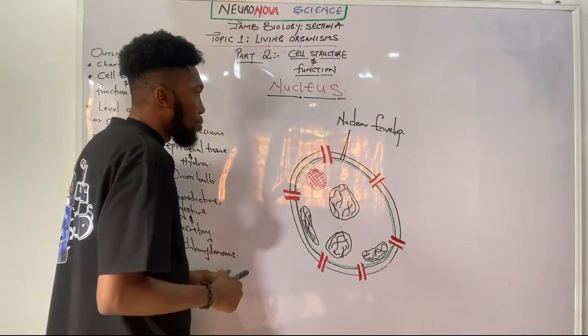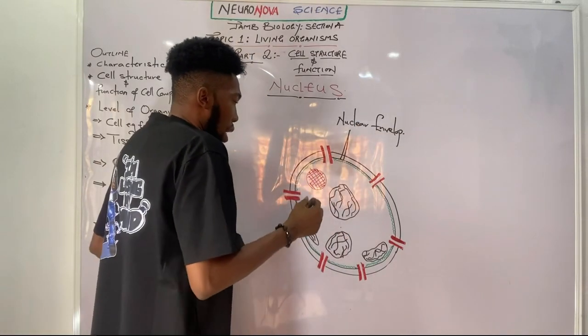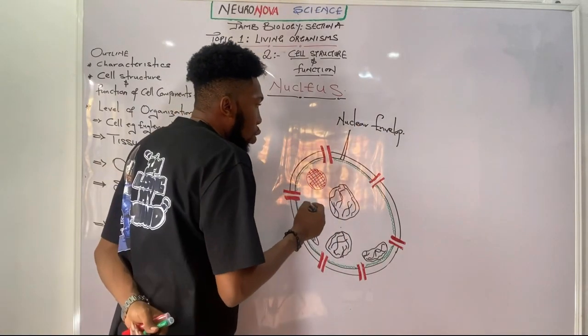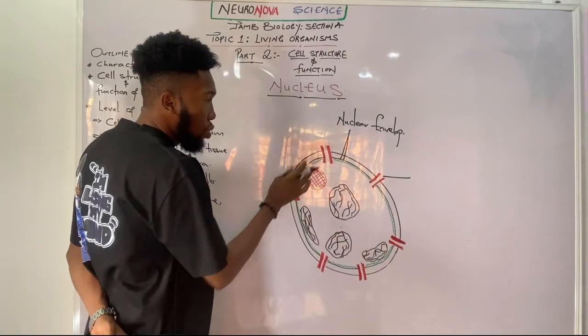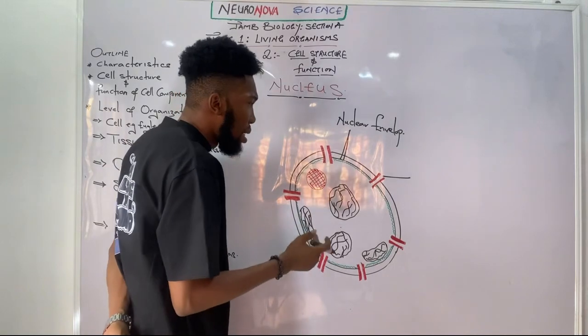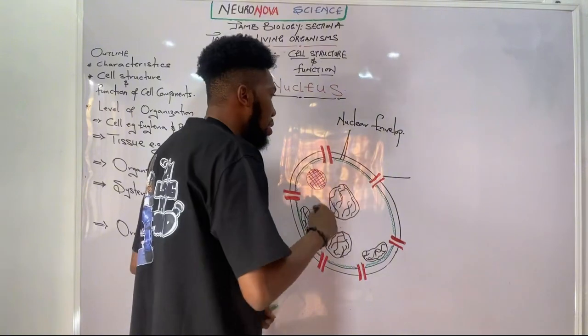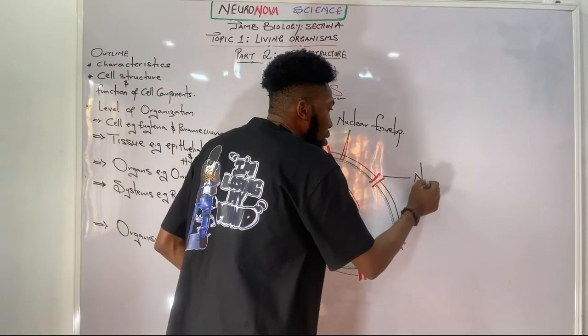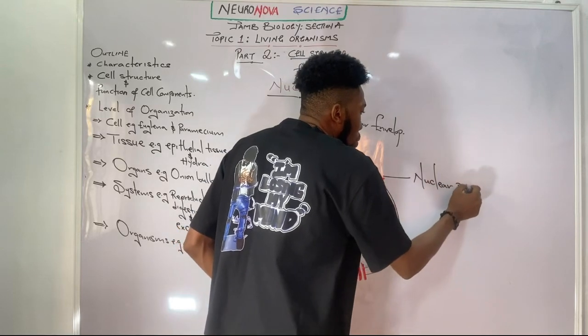Okay, so you have the nuclear envelope, and then we also have these structures that are here. You can see them here, all these red structures. If you look at them carefully, they look like gateways, right? So common sense. And then we'll call it the nucleopore, or the nuclear pore.